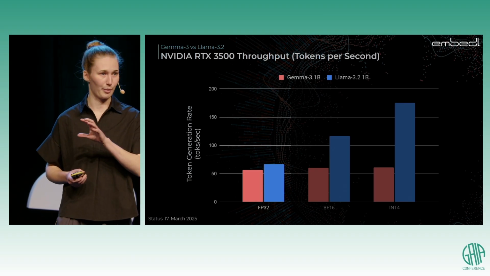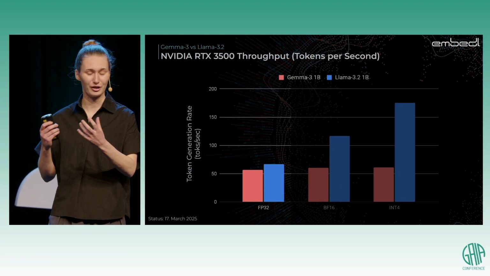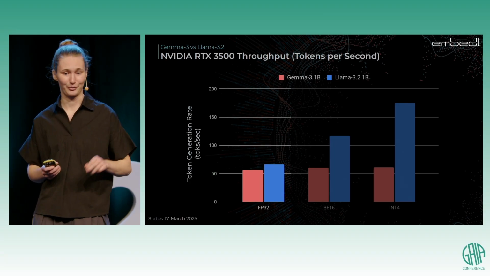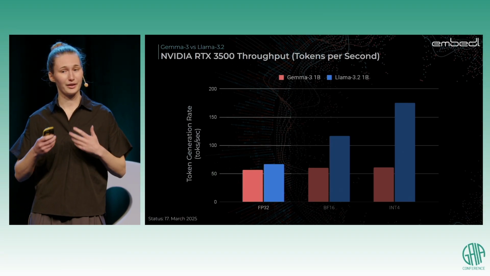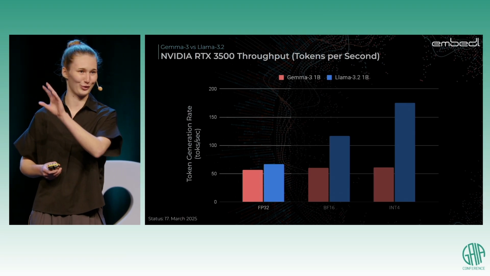So even though the Llama model is significantly larger, they roughly have the same speed.